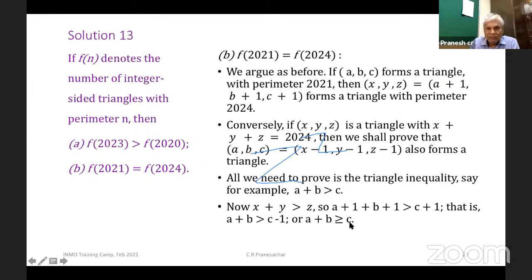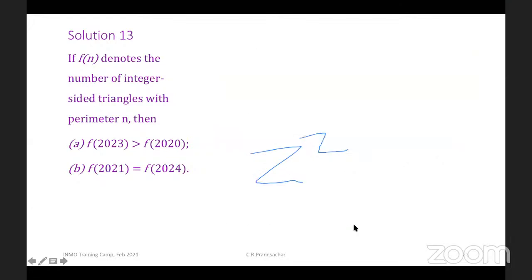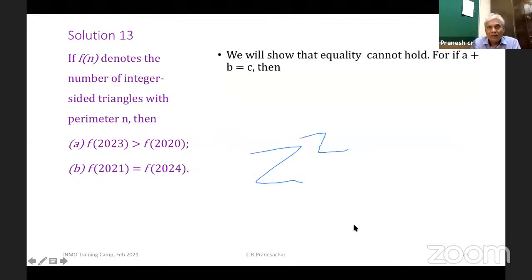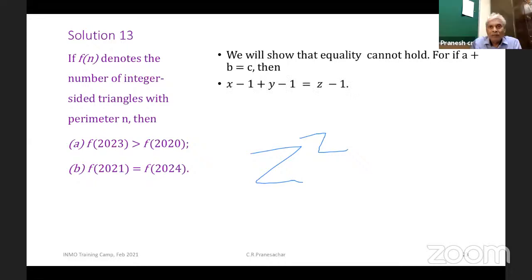So how does one prove equality does not hold here? Sir, a plus b plus c. Assume equality. The sum is odd, so it cannot hold. Okay, let's see. If a plus b equals c, then x minus 1 plus y minus 1 equals z minus 1. That means x plus y equals z plus 1.